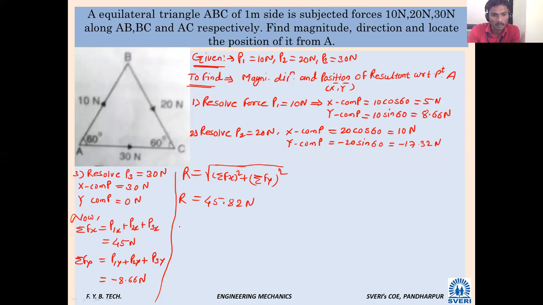After that, how do we find theta? Theta is tan inverse of summation Fy upon summation Fx. Is it positive or negative?